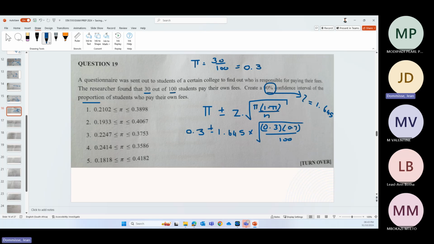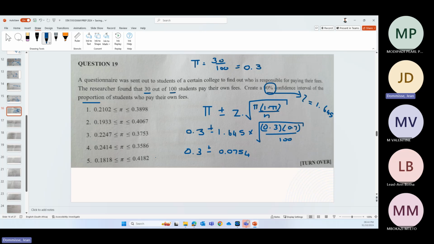Let's just look at that. 0.3 times 0.7 divided by 100 is 0.0021. The square root of that is 0.0458. If I multiply that by 1.645, I get 0.3 plus minus 0.0754. Okay, so that is going to be the closest.